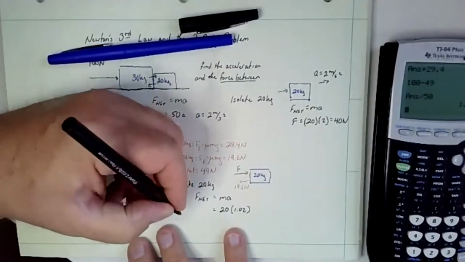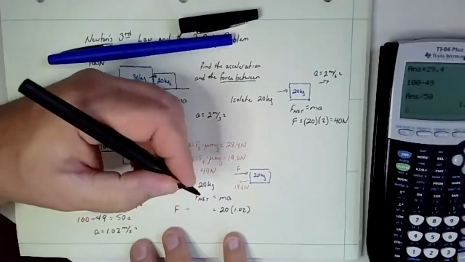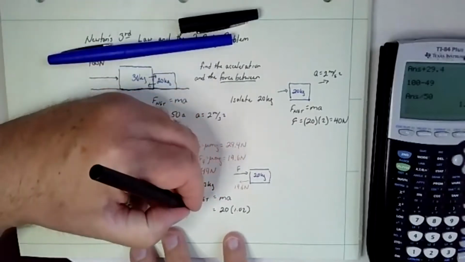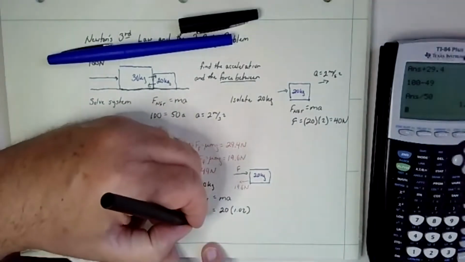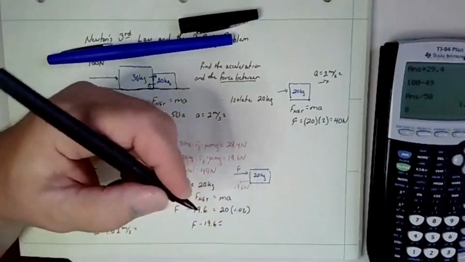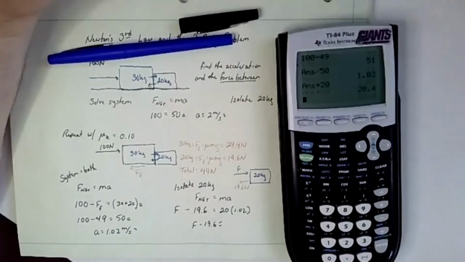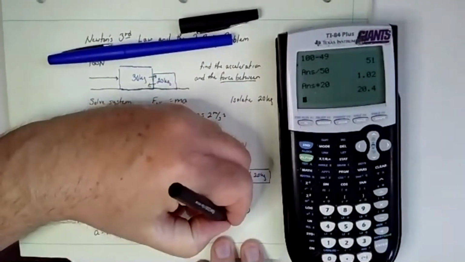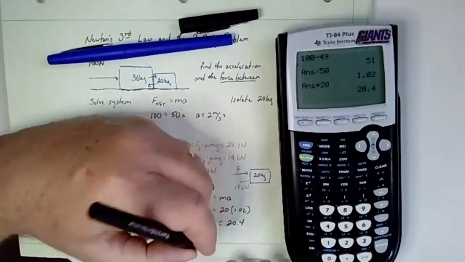And then I have the mystery force, that's what I'm looking for, minus friction, which we already calculated, it's 19.6. So we'll multiply this out at 20.4.